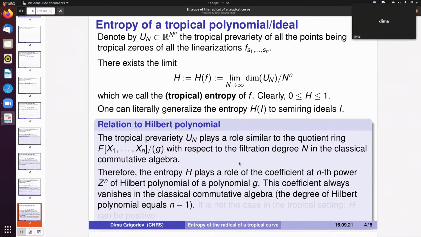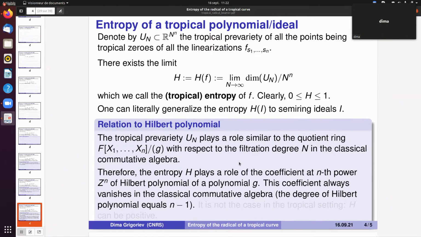Trivial reasons, because the degree of Hilbert polynomial equals n-1, and for the ideal it equals the codimension of the ideal. So this coefficient, this analogy, the same magnitude as the tropical entropy, would always be 0, would vanish in the classical setting. But it is not the case in the tropical setting.